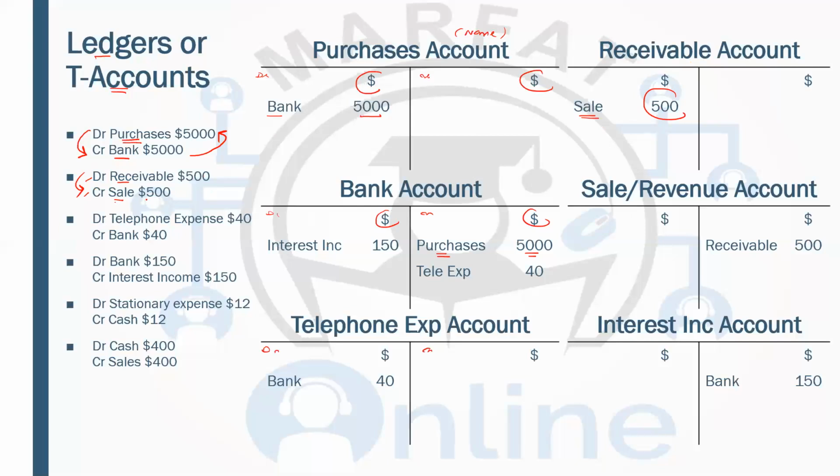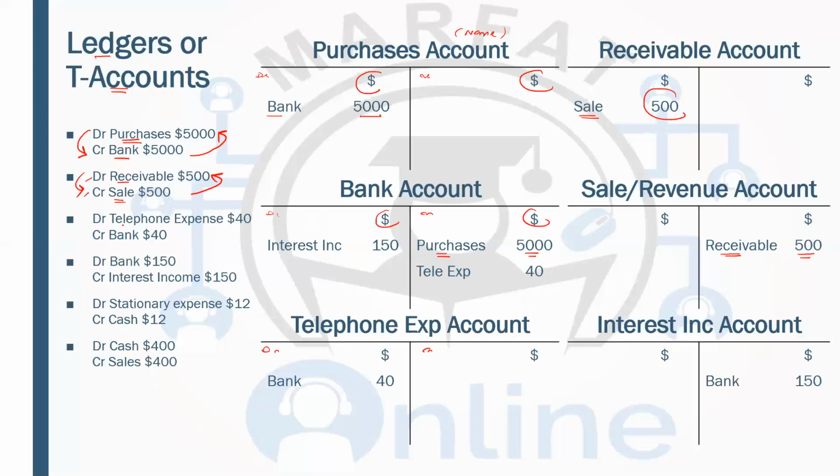Similarly, we'll be making the sale account. Okay, sale revenue account. The amount is on the credit side, and we're going to give the reference that, okay, we have done the sales on credit. That is why it is receivable, because the sale can be on cash. You can receive a check from the customer. That is why you have to put the opposite reference.